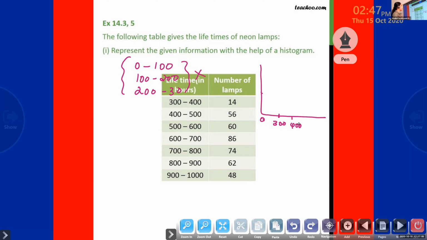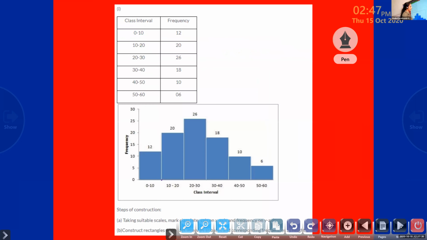These values are missing, isn't it, children? 0 to 100, 100 to 200, and 200 to 300 are not there. Is it continuous? No, ma'am. So in that case, what will you do? From 0 to 300, there are some missing numbers. So in that case, we'll do one thing.